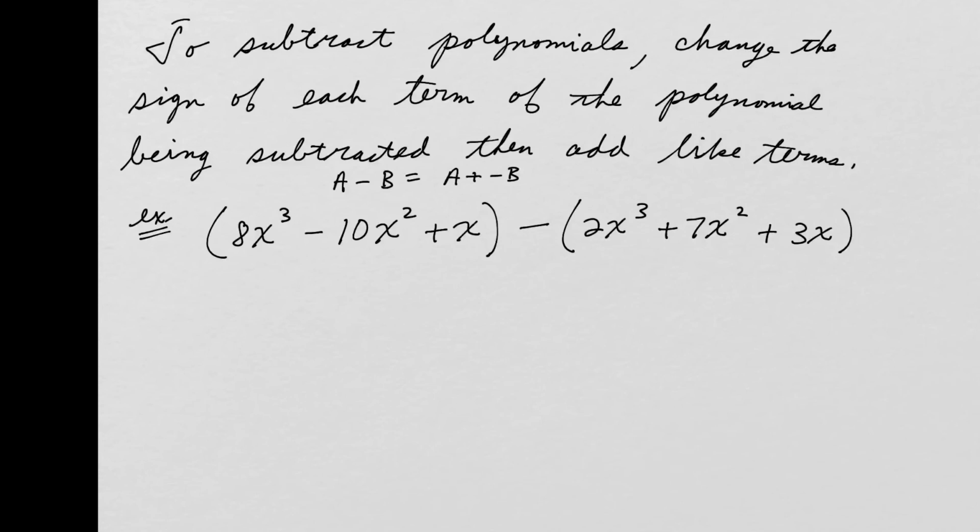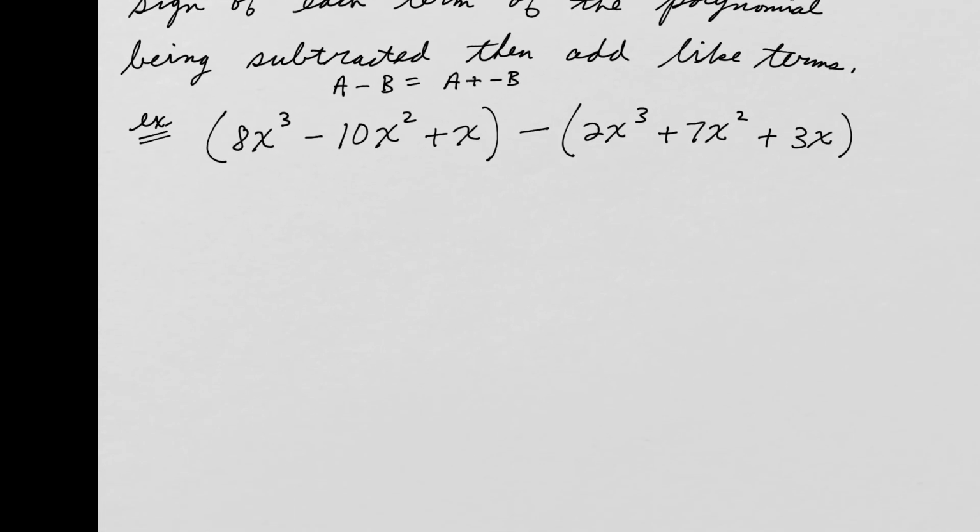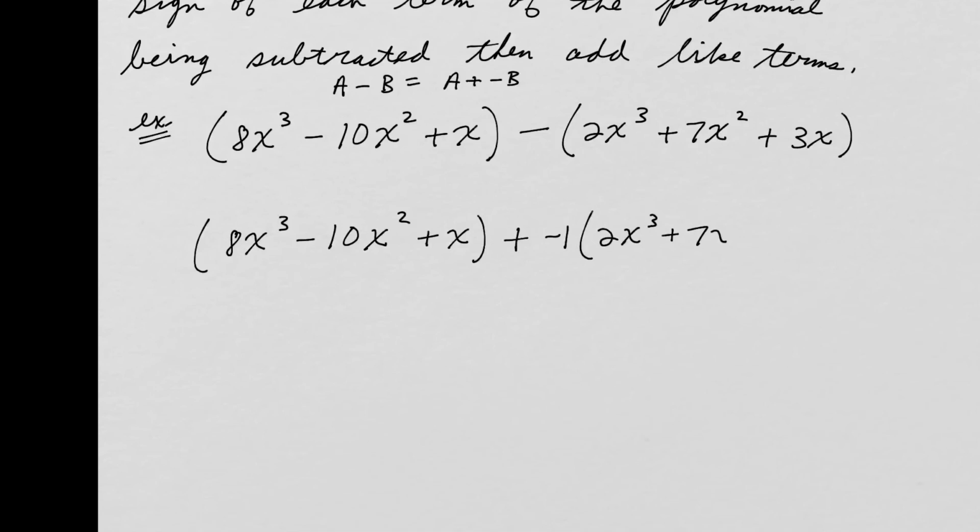The other way to think about this, and I think maybe this is the better way, this is the way I like to think about it, is think of that subtraction. I'm going to rewrite this. Remember, you can think of this subtraction as plus a negative 1, and then I still have the second polynomial here.